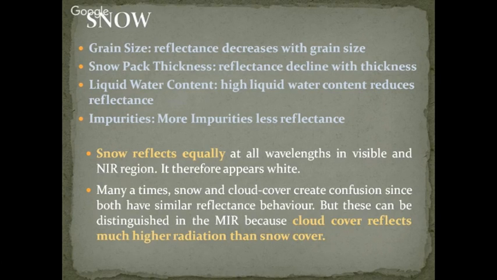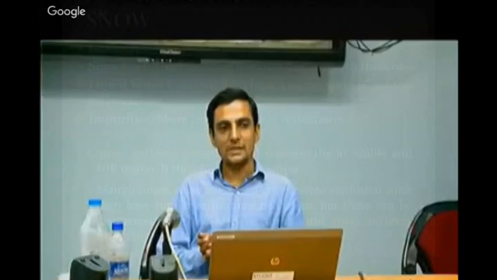However, another important feature, cloud cover, also appears white to us because it also reflects energy at different wavelengths in equal proportion. So how do we differentiate between these two surfaces? In the visible spectrum, both cloud cover as well as snow-covered area will appear white.